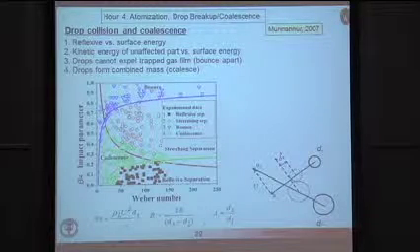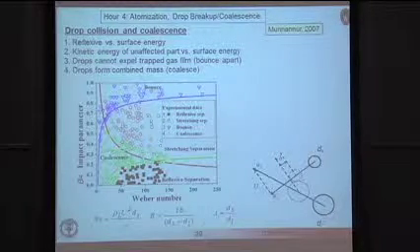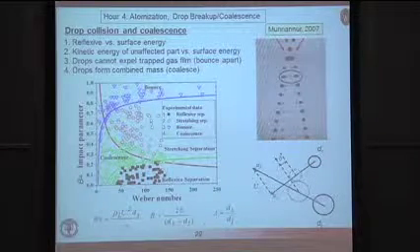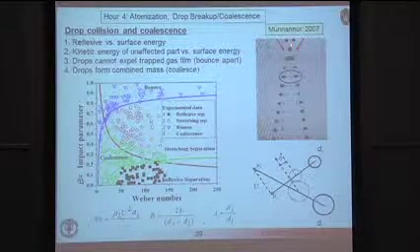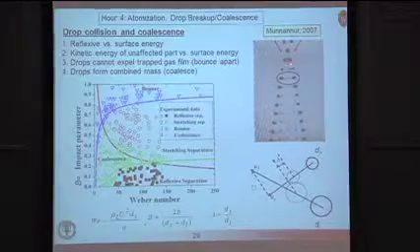Then we have this so-called stretching separation regime. And here's a picture that shows that, where we have droplet streams colliding, the droplets merging, and then because of the energy associated with that collision, forming essentially a train of ligament droplets in between the parent droplets as they separate. This is your stretching separation.